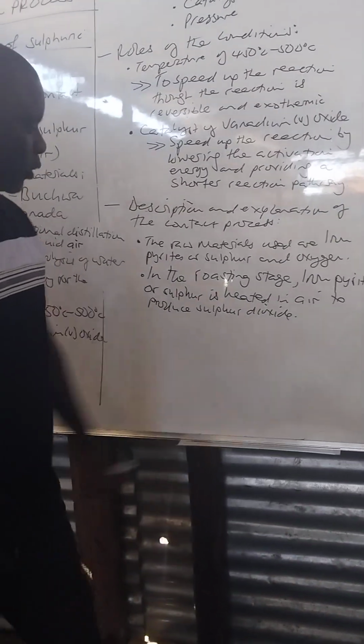In the roasting stage, iron pyrites or sulfur is heated in air to produce sulfur dioxide.